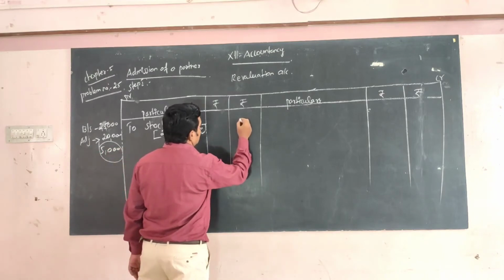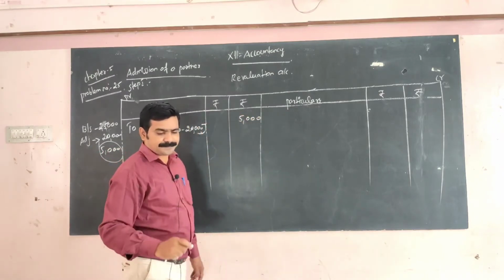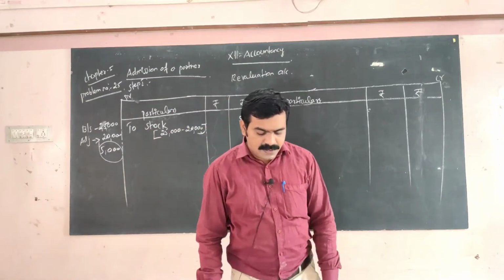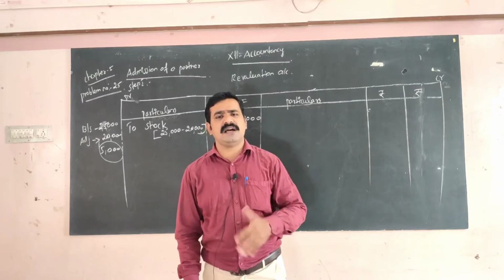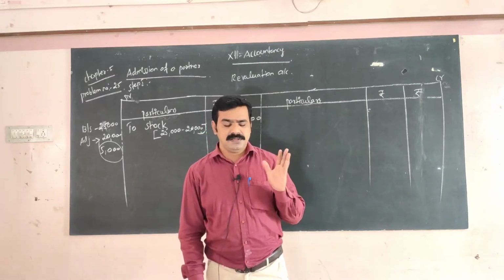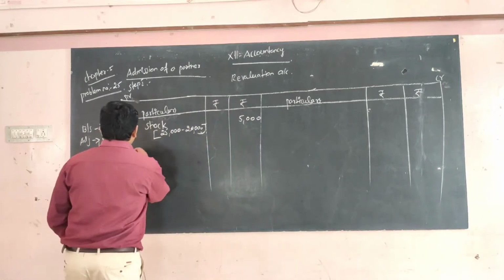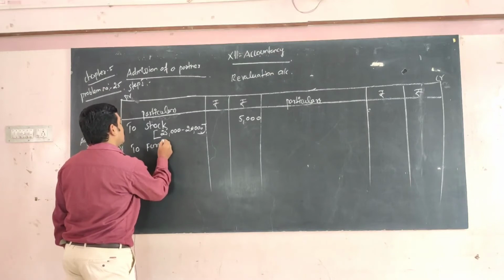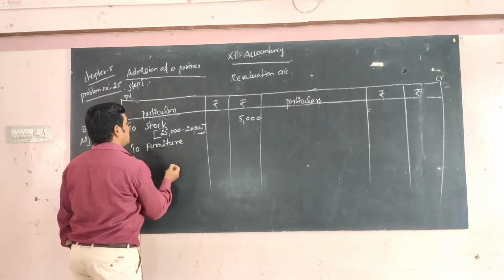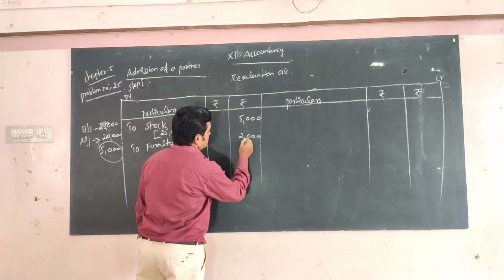Next, furniture is to be depreciated by 2,000. Depreciated means a loss. So 2,000 is a loss, to furniture. The amount is 2,000.